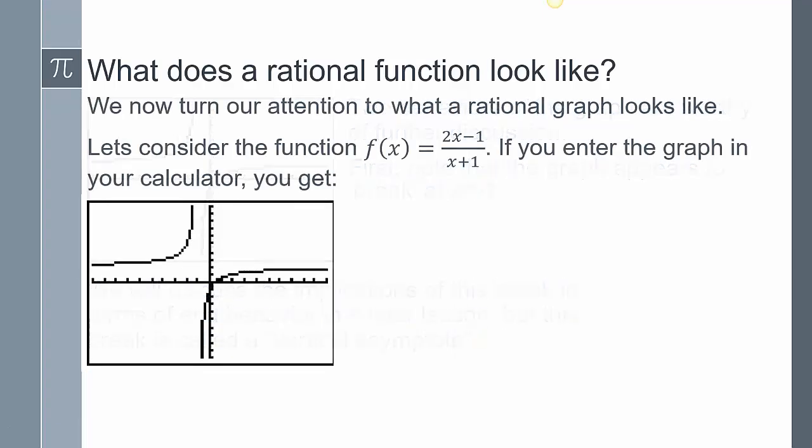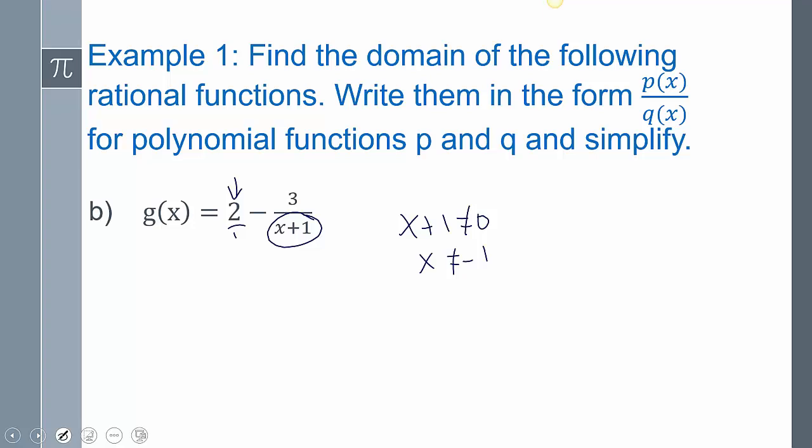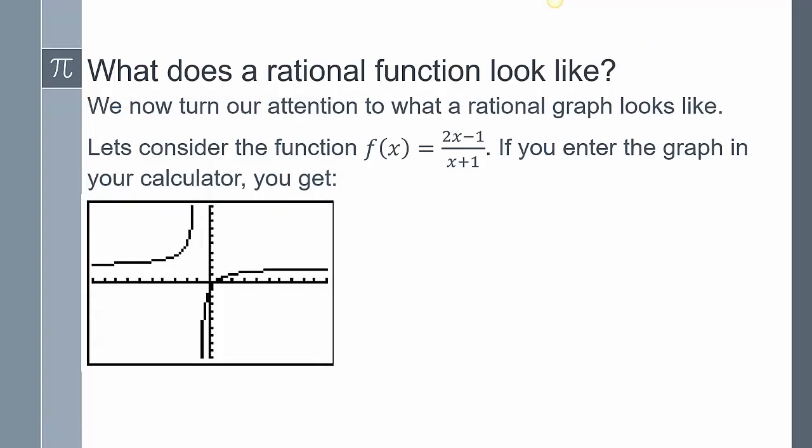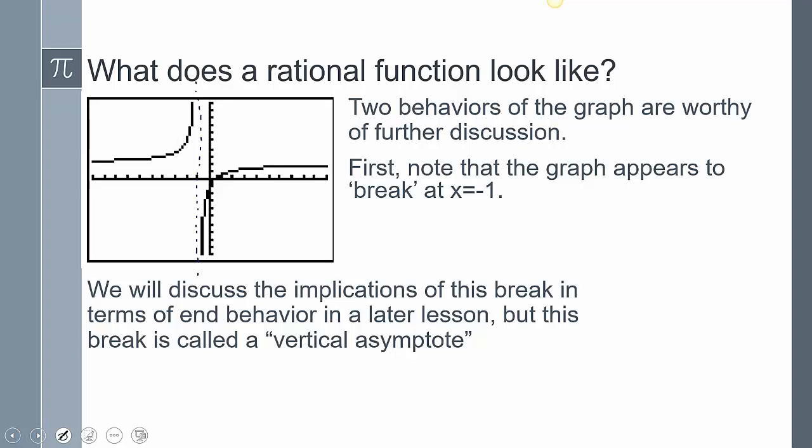Because in the previous problem, we said x can't equal -1, and here I have this break right there at x equals -1. And then there's another break. It seems to break off here. And we're not going to talk about this just yet, but just know that that also has meaning as well, right? We're going to be able to find that out.